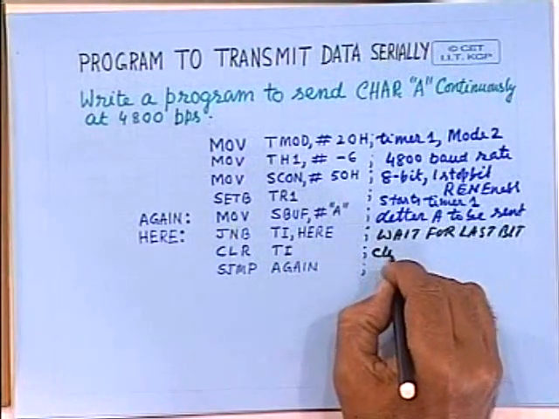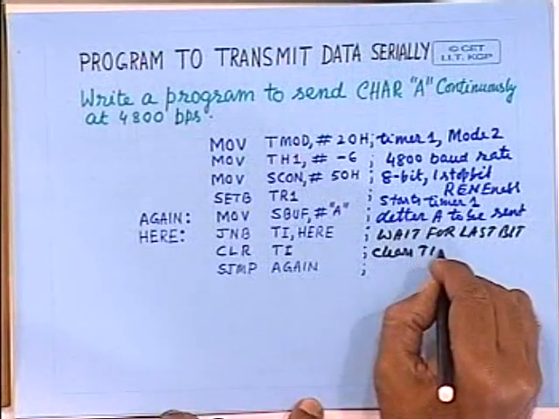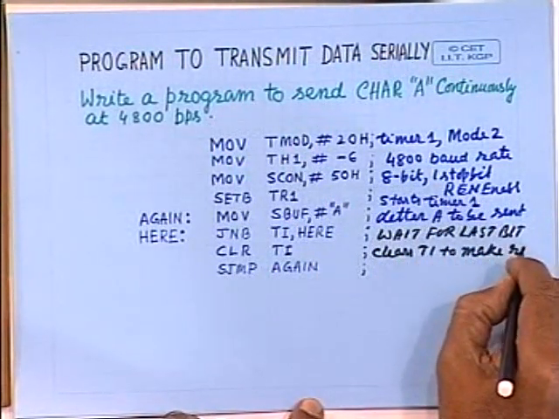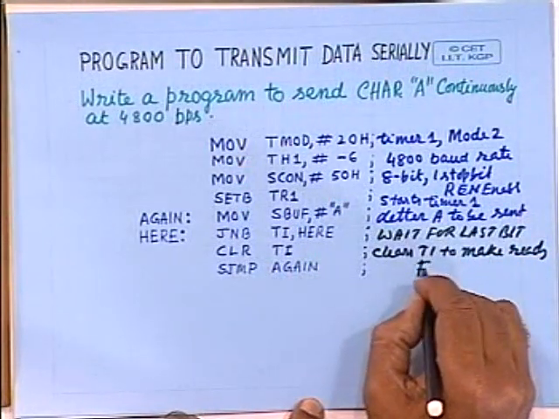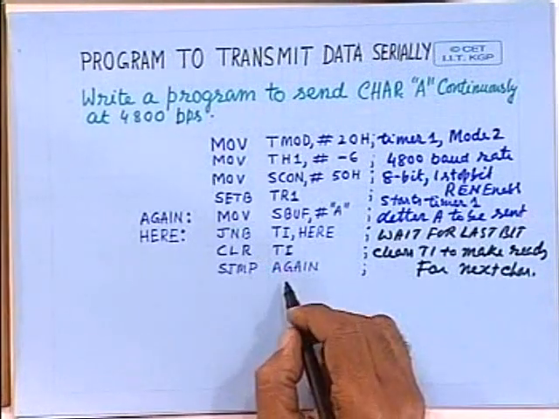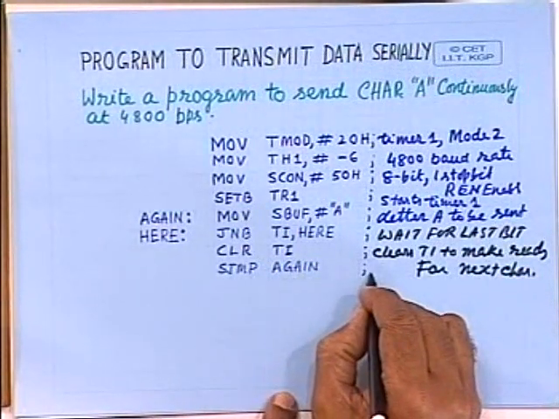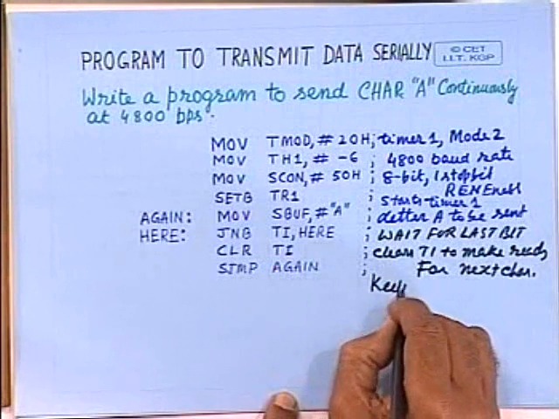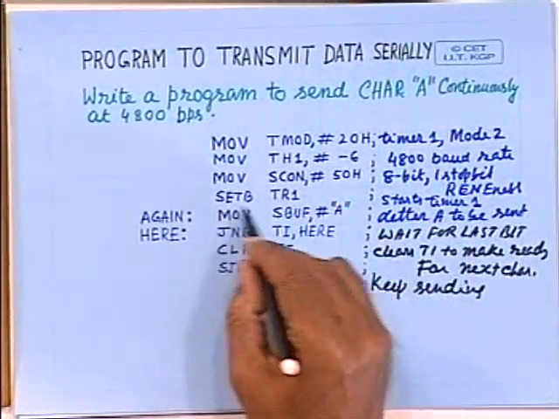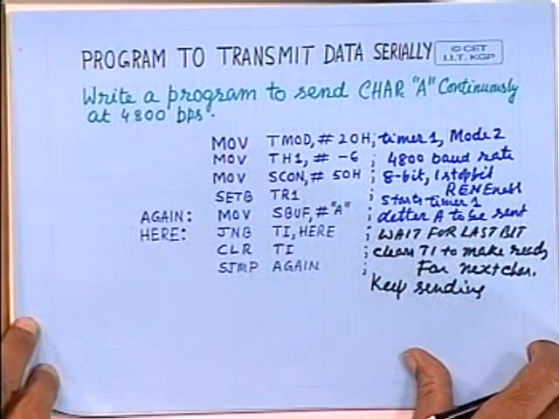So it clears TI to make ready for the next character, and this way you keep sending. The character A will be continuously sent by using this mode.